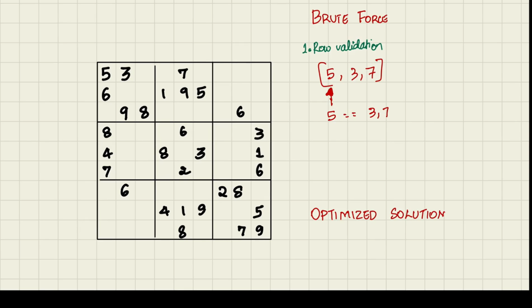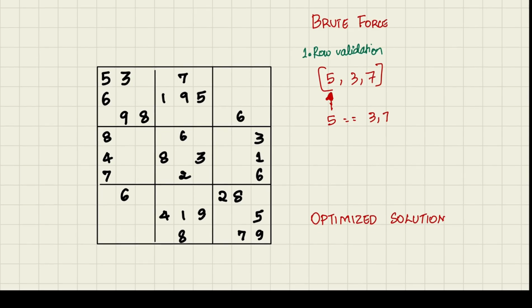Since they are not, I can say that 5 is unique so far, and then I'll look at the second element, that is 3, and I'll compare it with the rest of the list. So I'll compare it with 7, and then I'll say okay, the elements here are unique, hence the first row is valid.